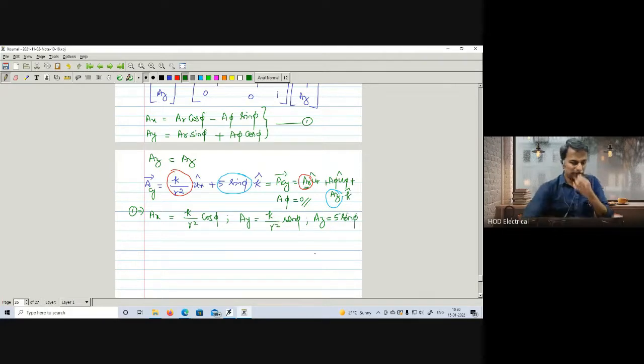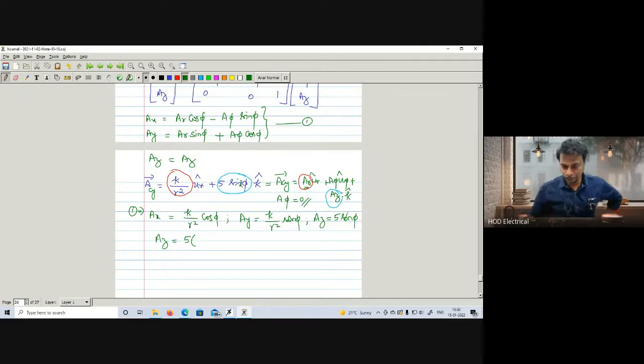So from this we can write AZ as 5 into sin 2 phi.